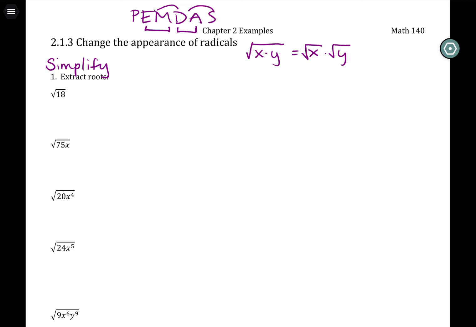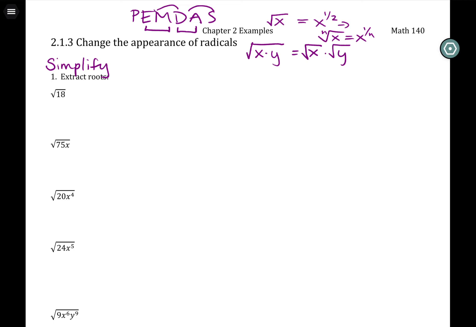So for multiplication, we can just split the root up. The other thing I would remind you is that the square root of x is the same as x to the 1/2 power, and more generally, the nth root of x is the same thing as x to the 1/n power. And sometimes that can be helpful if you're feeling stuck on these, and I'll just leave you with options of fiddling around with both.